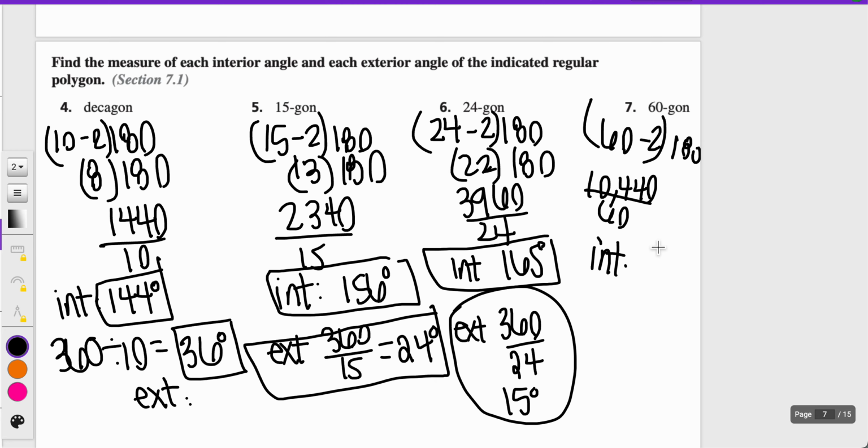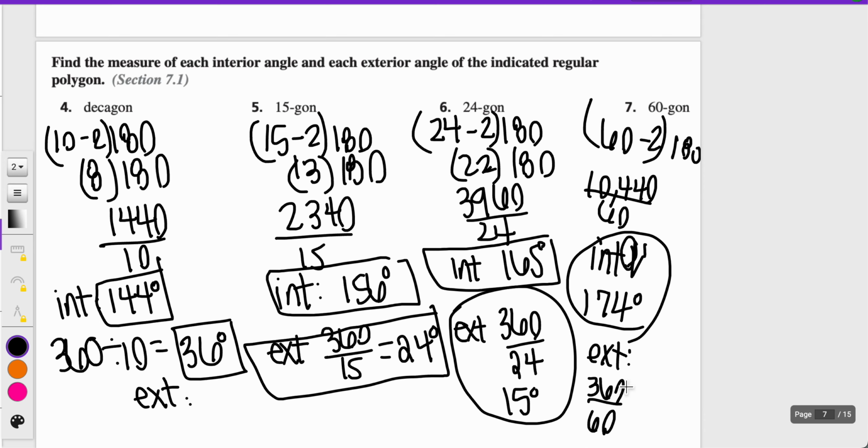So I've got 58 times 180, and then divide it by 60. There we go, 174. And then for exterior, 360 divided by 60, 6 degrees for each exterior angle.